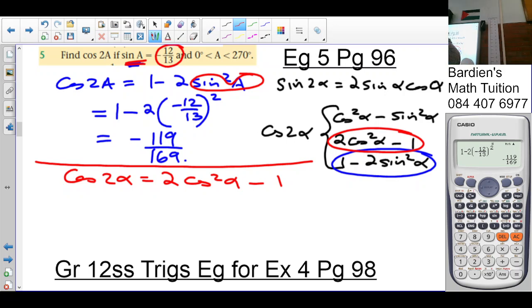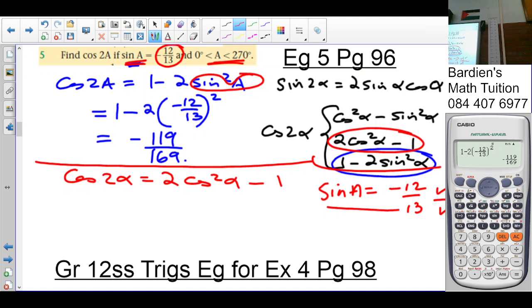Sine of a equals negative 12 over 13, and a is greater than 0 but less than 270, so it's quadrant 1, 2 and 3. Which quadrant is sine negative? Quadrant 4 and 3. So I must draw in quadrant 3.